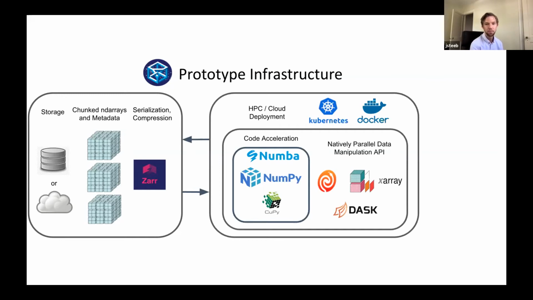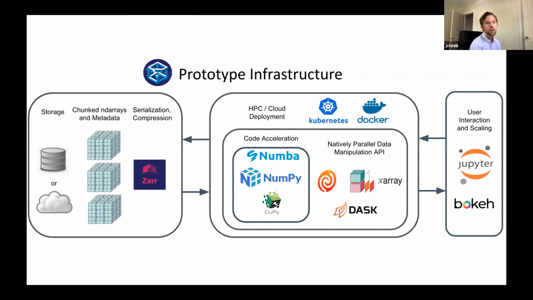And then our data structure: Xarray, Dask for parallelism, and then Astropy for all of those conversions. And then we also have Kubernetes and Docker to allow us to deploy on clouds like AWS. Okay, and then for user interaction, of course, you can interact with it just using a simple script, but also with Jupyter notebooks and the Bokeh dashboard.